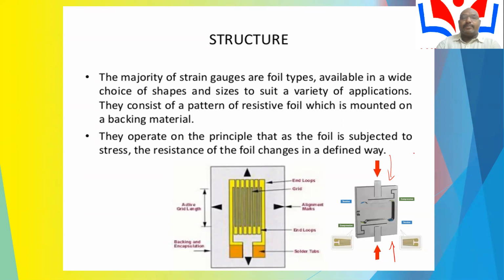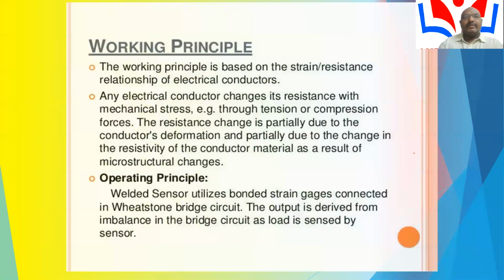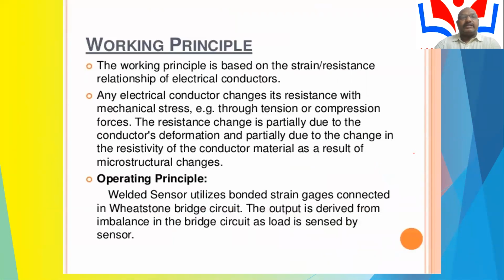They operate on the principle that as the foil is subjected to stress, the resistance of the foil changes in a defined way. In this diagram, the working principle is based on the strain and resistance relationship of electrical conductors.